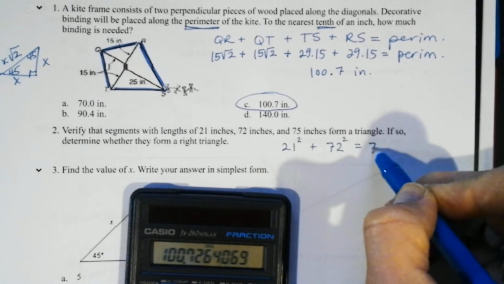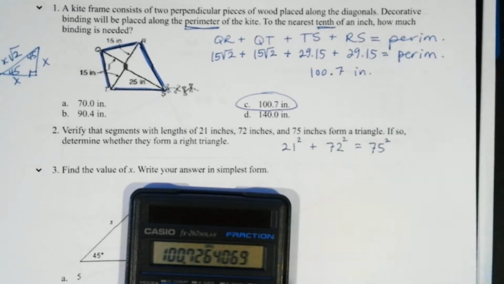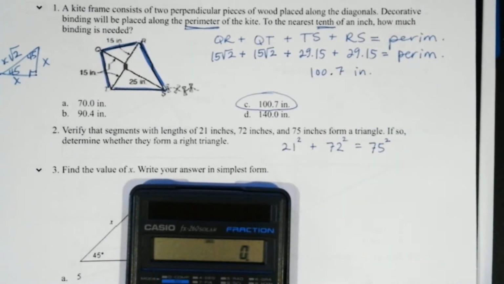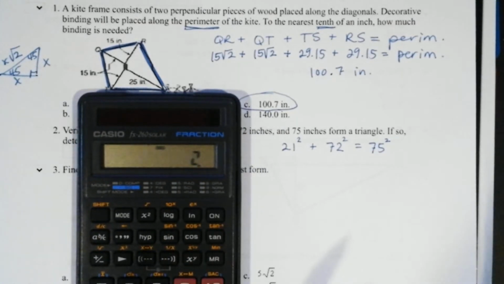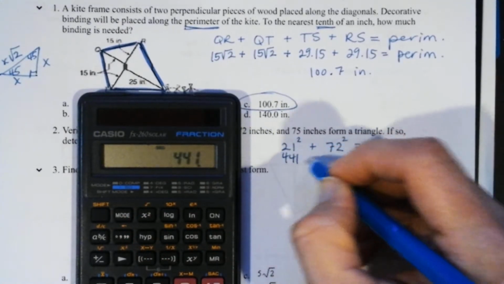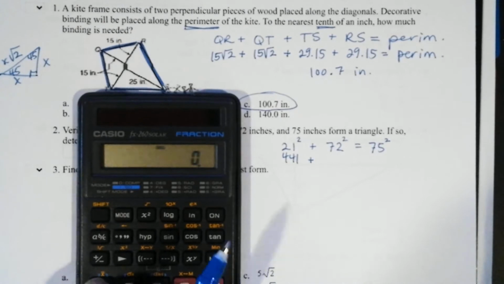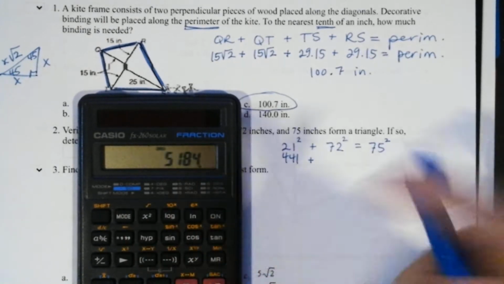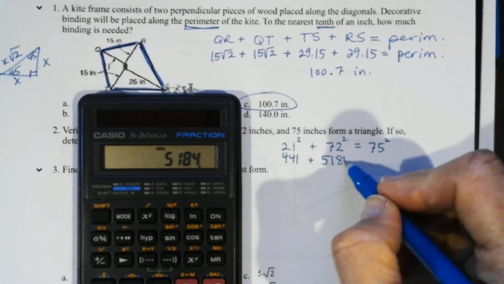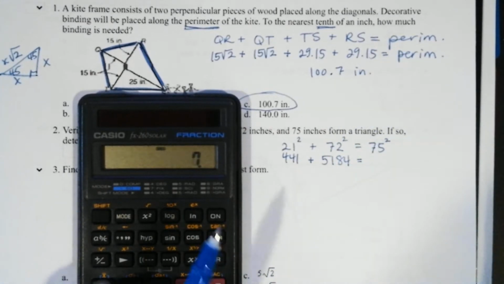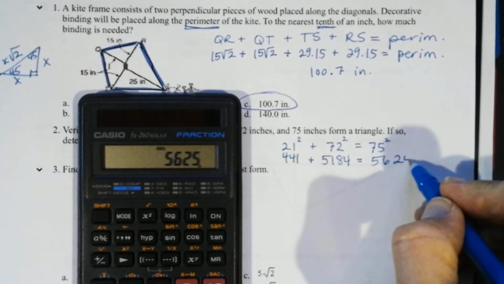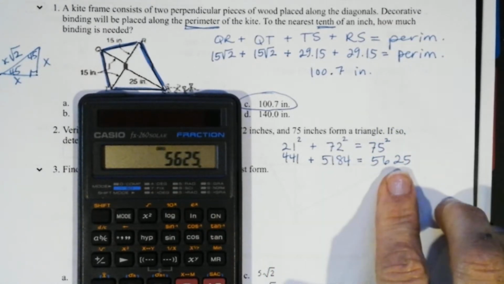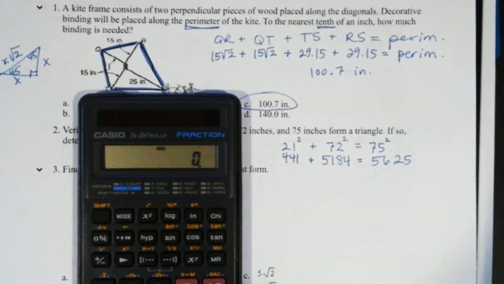You know that the longest side is the hypotenuse, right? I think I can do this on my calculator. 21 squared is 441. 72 squared is 5184. 75 squared is 5625. If that relationship holds true, then it is a right triangle.